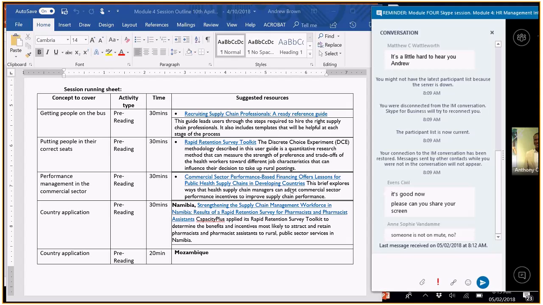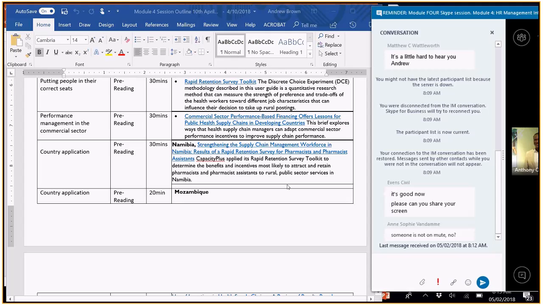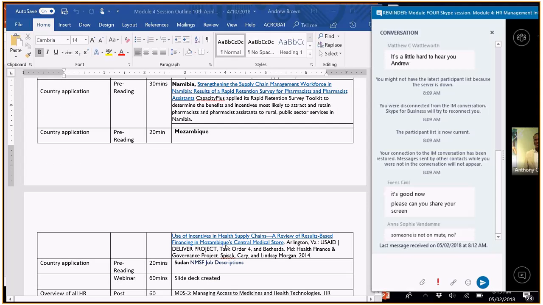In terms of country case studies, because it's always interesting how we apply this to the country, there is a report here about how Namibia applied this rapid retention survey, and the results of this survey end up being a series of interventions that the government can take to improve retention and what the cost of those interventions are. And in Mozambique, there's the results of how they tried to apply financing incentives using a private sector approach. I think you'll find that helpful.